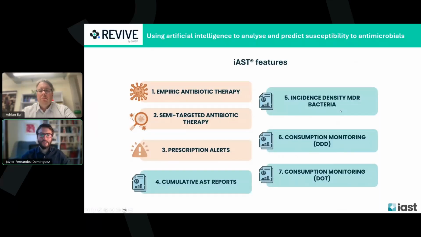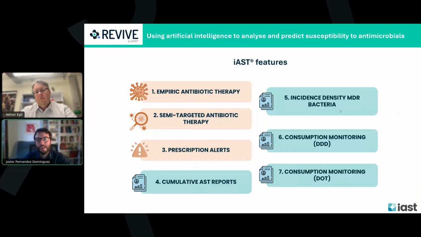So now this software has different features. It guides empirical antibiotic therapy when it's connected to medical records, for example, or a laboratory information system. Also, it can guide semi-targeted antibiotic therapy. Also, we have the module of prescription alerts. And also, we allow clinical microbiologists to make cumulative antimicrobial susceptibility testing reports and incidence density of multi-drug resistant bacteria reports.